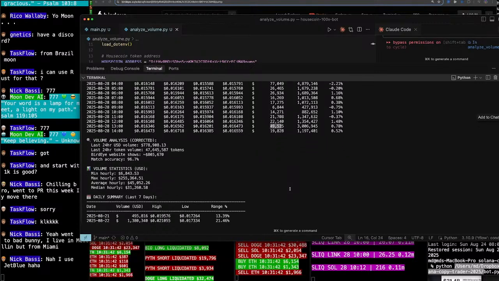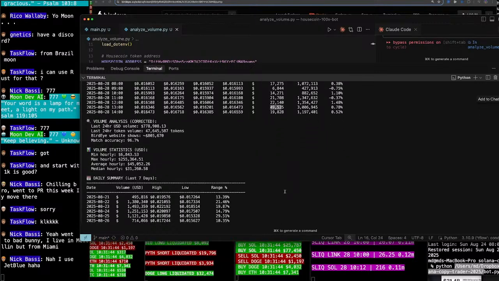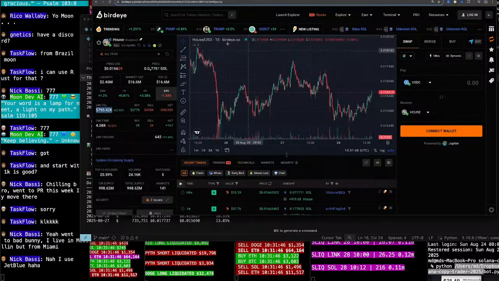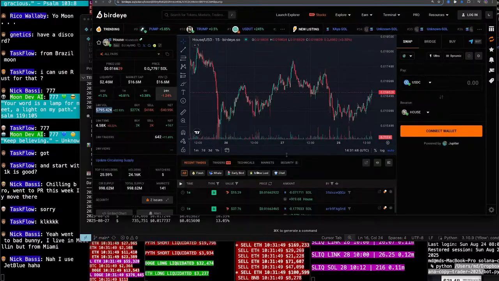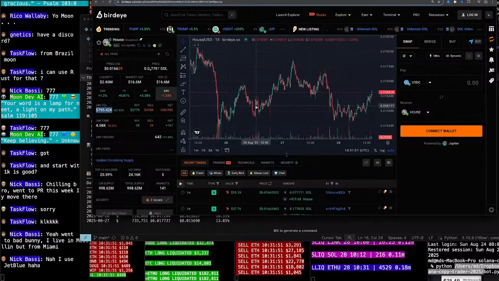I definitely want to be buying when the price is going down. Overall, the price has been going down, which is why I'm starting this bot now.